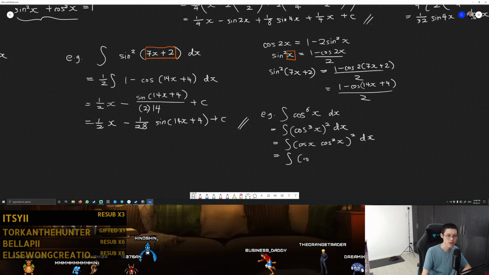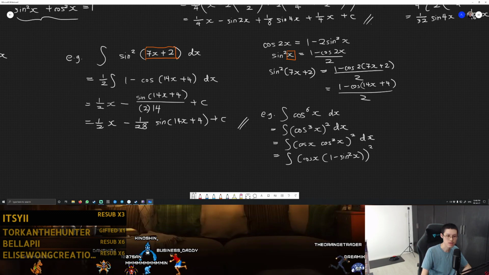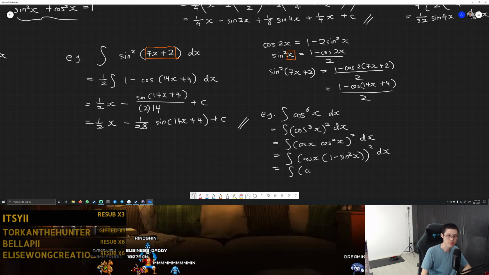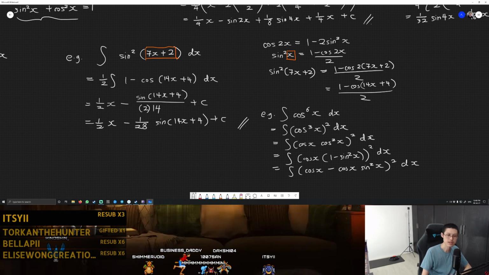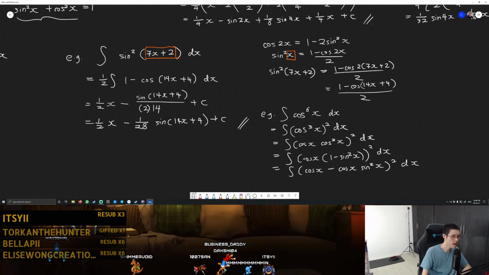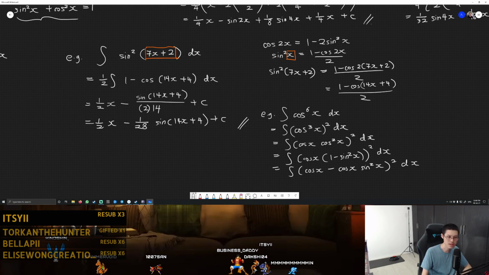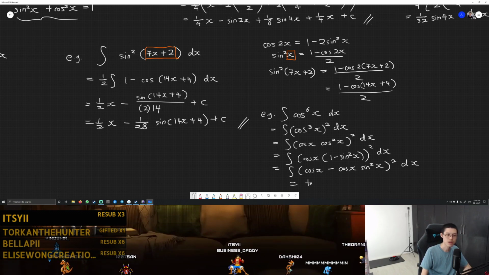And then you're going to have to split this into 1 minus sine squared x and then squared dx. And then this becomes cos x minus cos x sine squared x, and then the whole thing is squared. And then you have to expand it even further. And then you have to use integration by substitution, which is something that I haven't shown you how to do in detail yet. So we will continue this another time, to be continued.